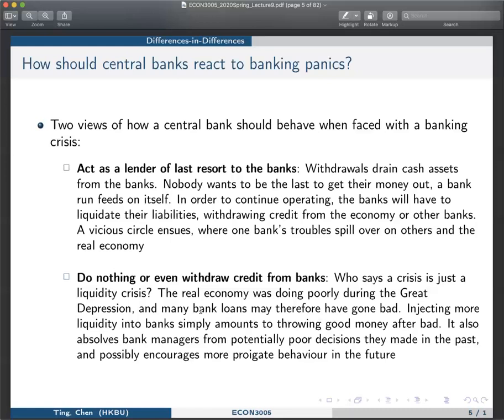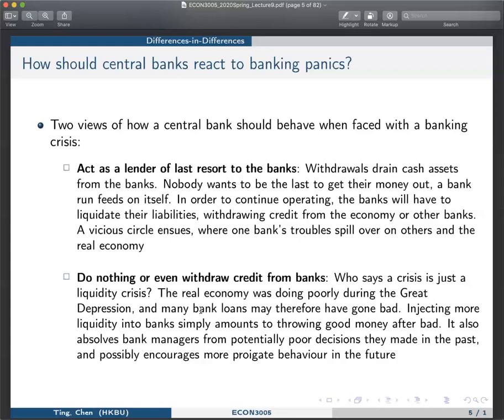If they know it costs them nothing to make a bad decision, they will keep on making bad decisions. And this is what, in 2008, many people believe was one of the bad consequences of the helicopter money by the Federal Reserve: it actually enlarged the moral hazard problems of the banking system.